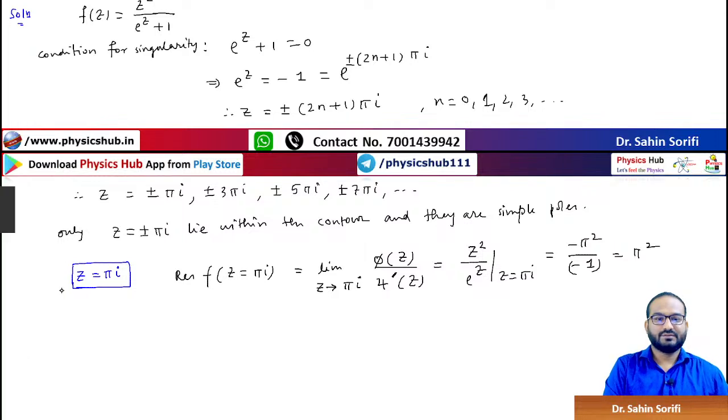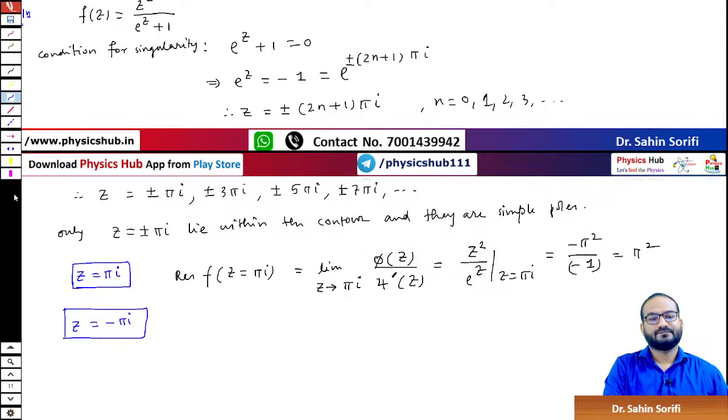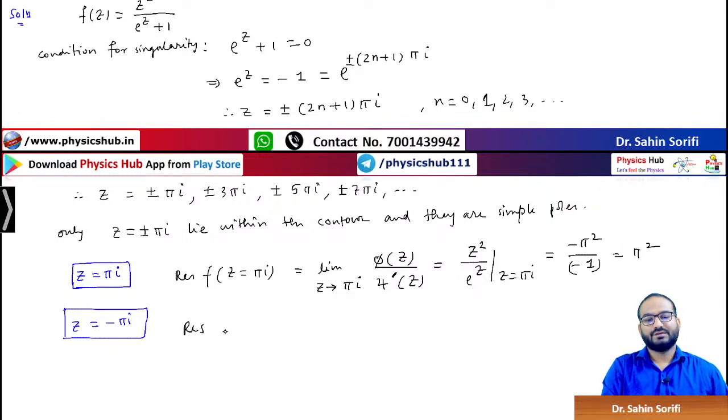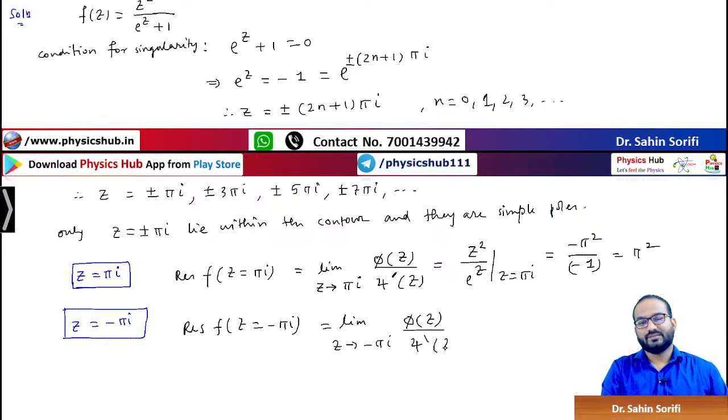Now if you calculate the residue for z equals minus pi I, limit z tends to minus pi I, phi of z by psi prime of z. I am making the same mistake again and again. So this will be z square by e to the power z at z equals minus pi I. So what will you get?